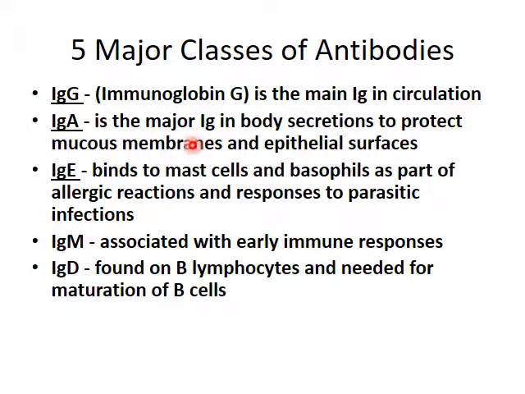So you have antibodies in there that help slow down the entrance of those foreign invaders, epithelial surfaces, skin. IgEs bind the mast cells and basophils as part of allergic reactions and parasitic infections. So we need to have those types there. IgMs associated with early immune responses. IgDs found in B lymphocytes and needed for full maturation as we move through.